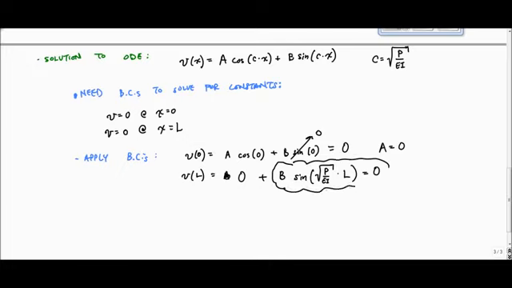The only way that this part could be true is if what? If square root of P over EI times L equals what? B is a constant, assuming B is non-zero. What's the only way that this equation can be true?